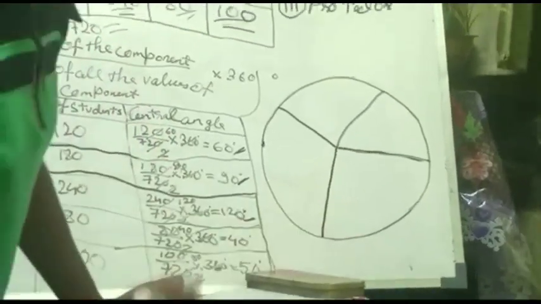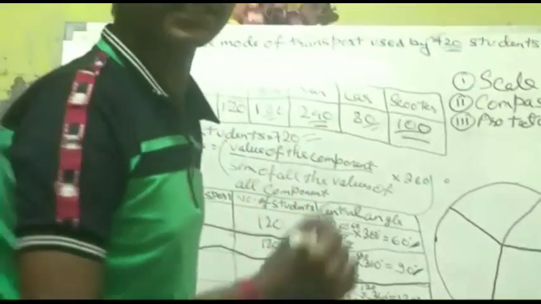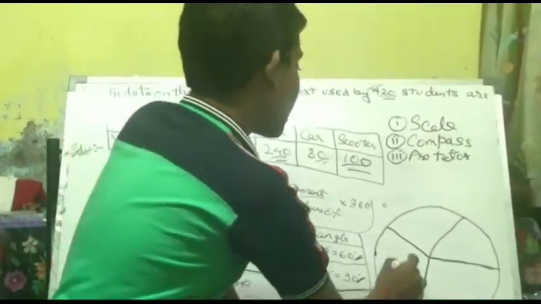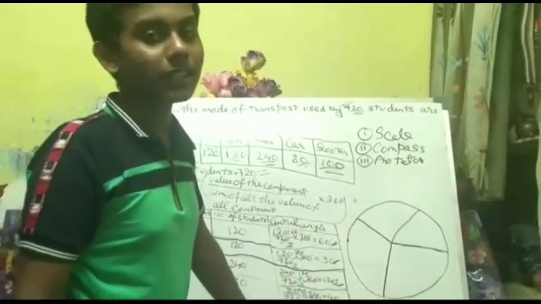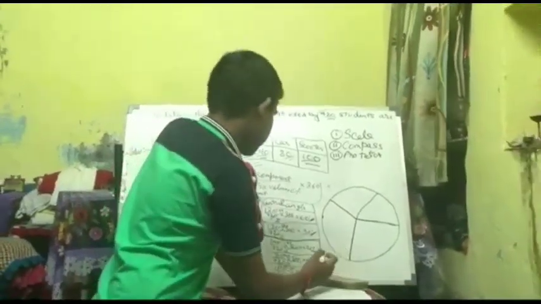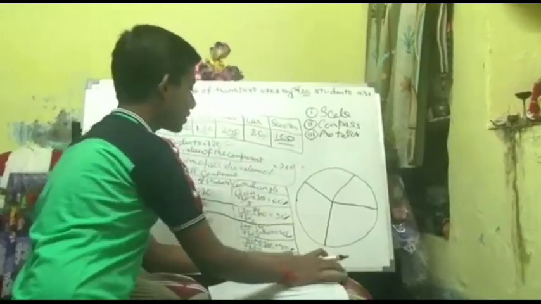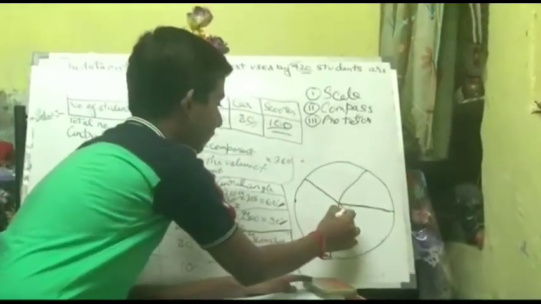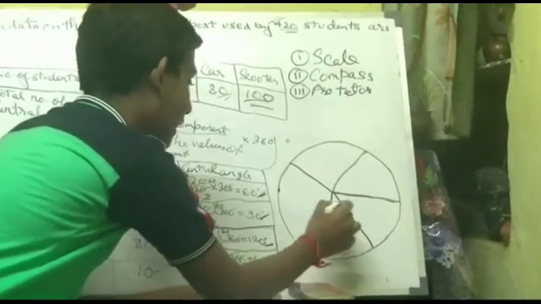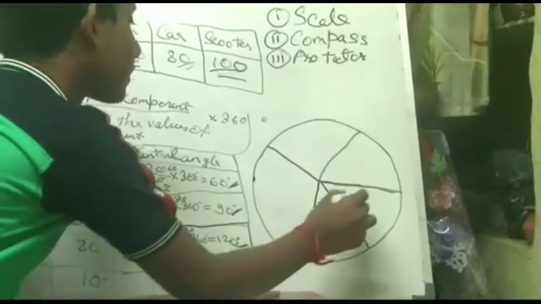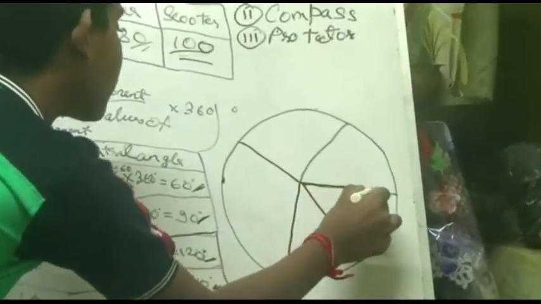We have to draw these angles with the protractor and draw the lines with the scale. Then the next 40 degree, and at last 50 degree is this.